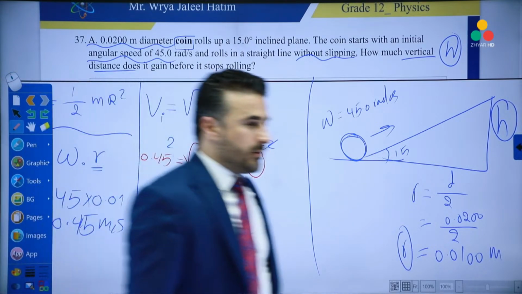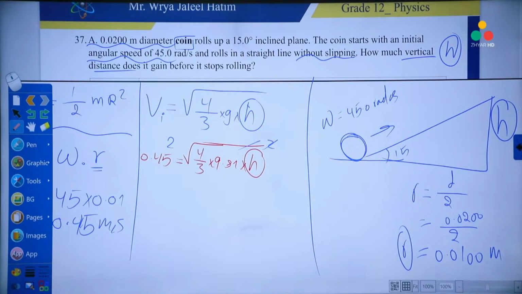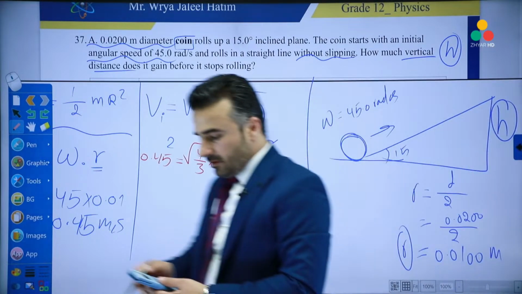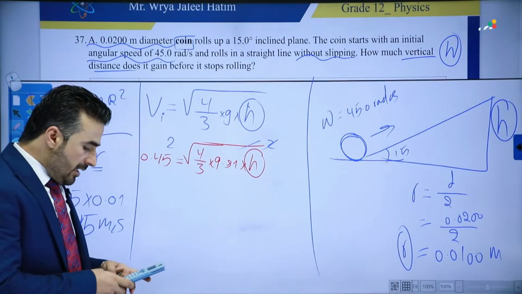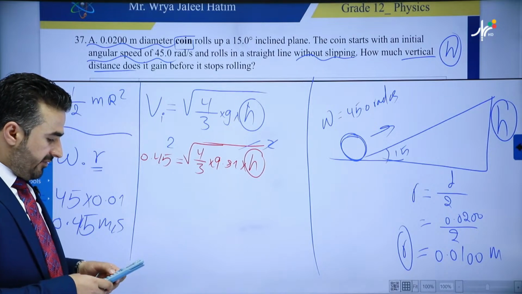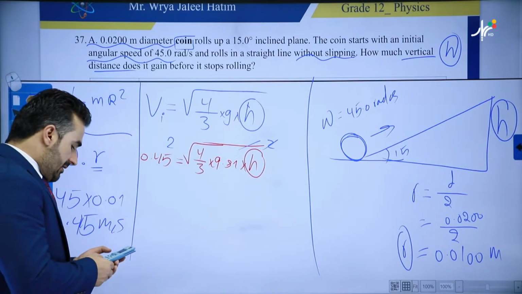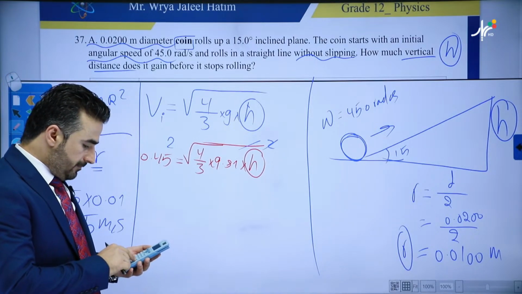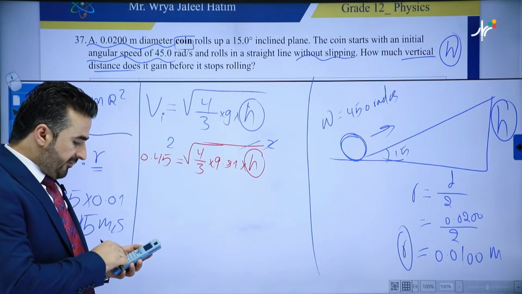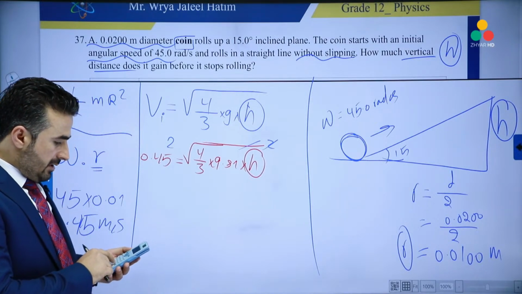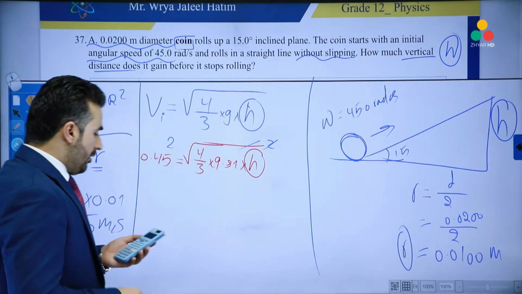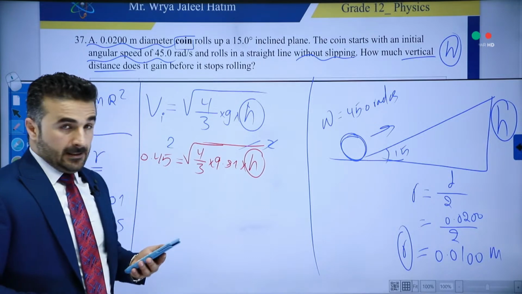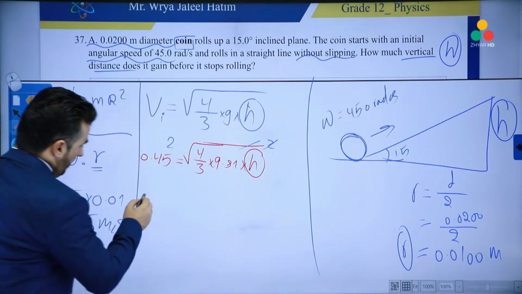So what is 0.45 squared? Let's get a calculator. The answer is 0.2025.